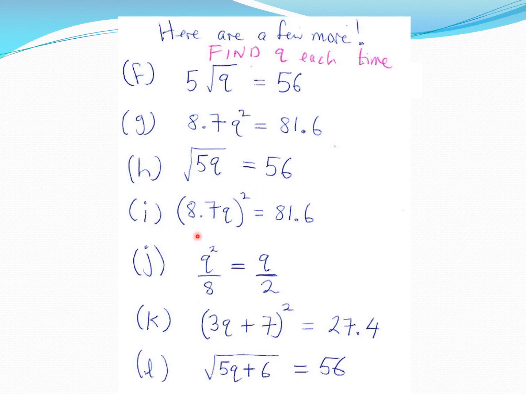Part I, 8.7Q all squared is 81.6. Part J, Q squared over 8 equals Q over 2. Part K, 3Q plus 7 all squared is 27.4. Part L, square root of 5Q plus 6 equals 56. And in all these examples, find the value of Q each time.